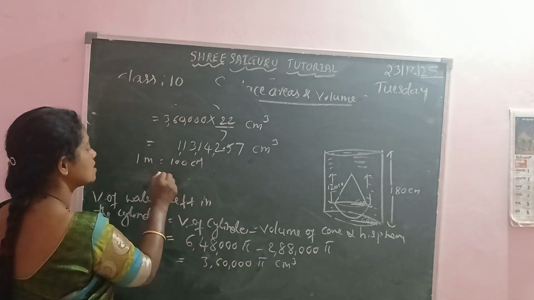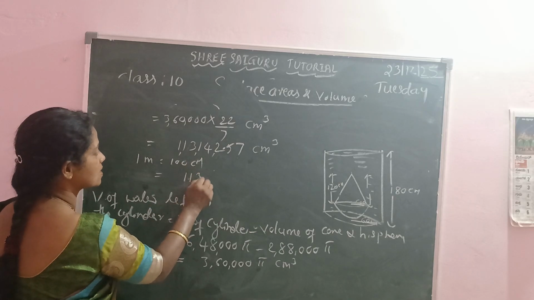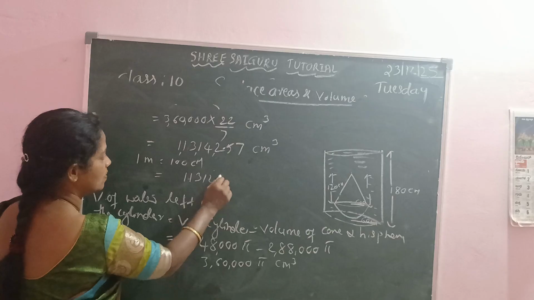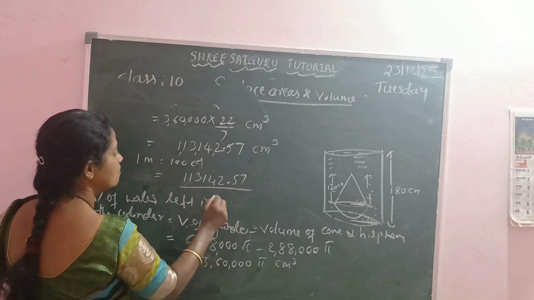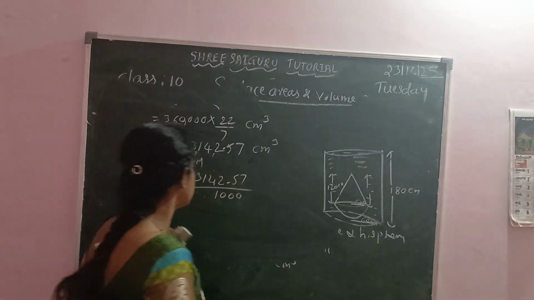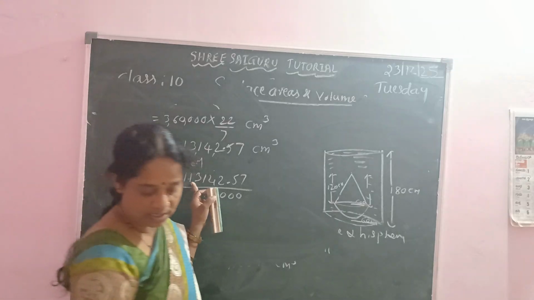So how is it possible? You have to divide this number, 1,13,142.57, divided by 1000. So how much is it when you divide it by 1000?